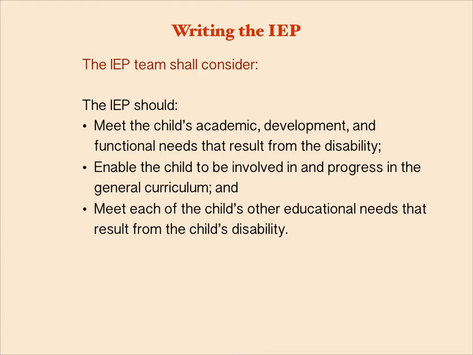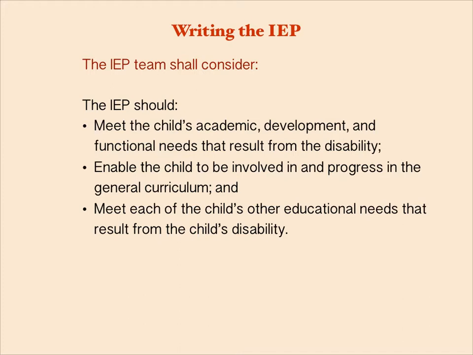Still, what we should be considering with the IEP, and a critical component here, because we talked a great deal already about their academic, developmental, and functional needs as a result of their disability or in conjunction with their disability. We haven't spoken too much about the IEP time, where we're sitting and saying, how much are they going to be involved in the general curriculum?